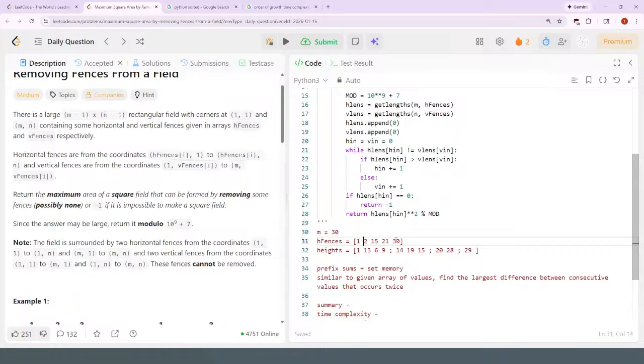1 to 30 is 29. If I keep the 1, then it's 1 to 21. If I keep the 30, then it's 2 to 30.